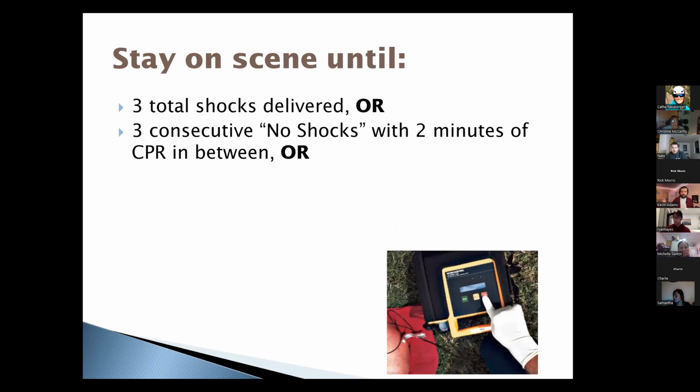So this could mean quite a bit, right? If you have 1 shock, 1 no shock, 1 no shock, 1 shock, 1 no shock, 1 no shock, 1 shock, right? Every 2 minutes, you've done CPR for a long time on scene, and only after that 3rd shock would you transport.